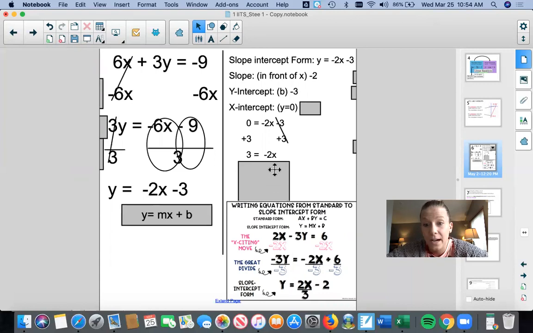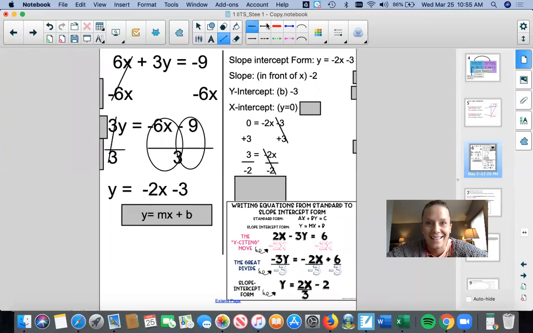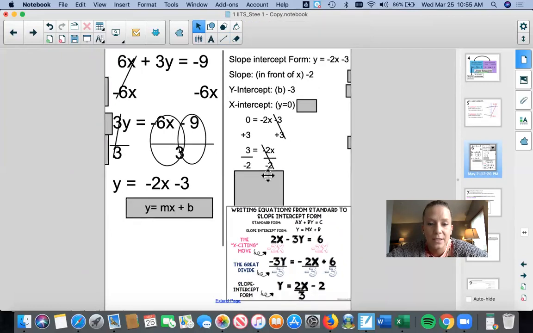So I need to divide both sides by -2, causing it to cancel out, getting my x by itself. So my final x value is -3/2. That is my x-intercept, okay?